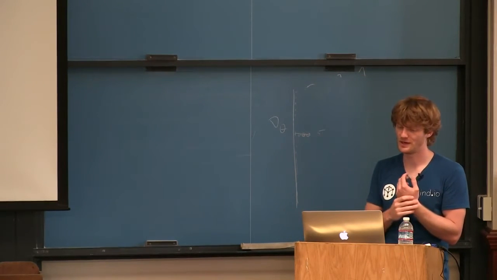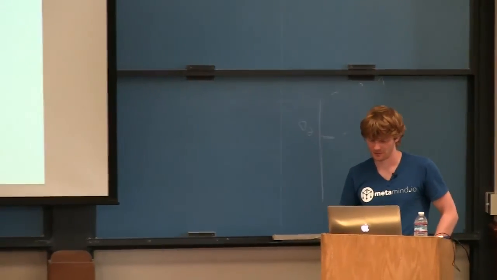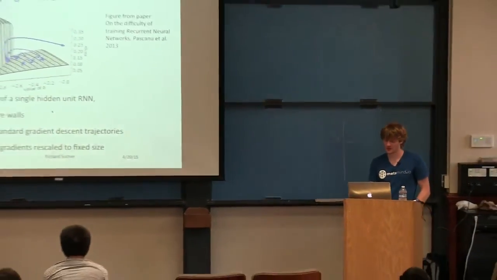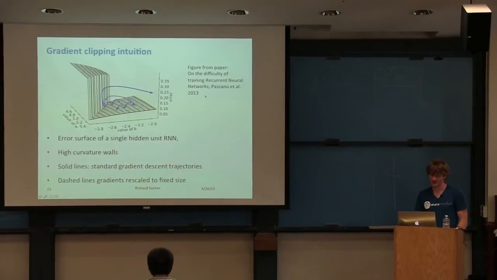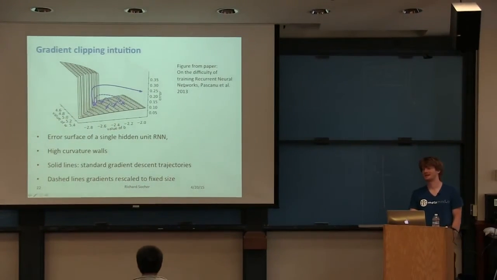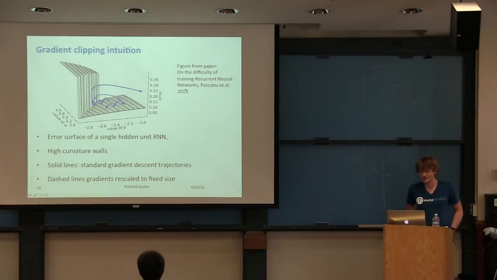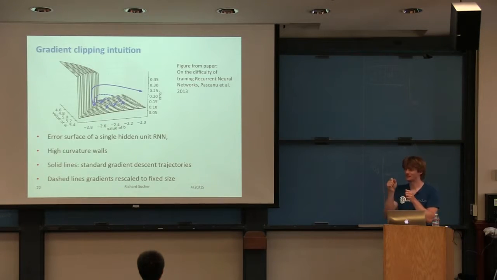And so one nice paper out of Yoshua Bengio's group tried to analyze a little bit, at least, what's going on here, and they implemented a very simple recurrent neural network. And this is actually something that I encourage you always to do too. If you want to gain some intuition of what's going on, you can always just implement a tiny, tiny network and then see really exactly what happens to every single number in your network.